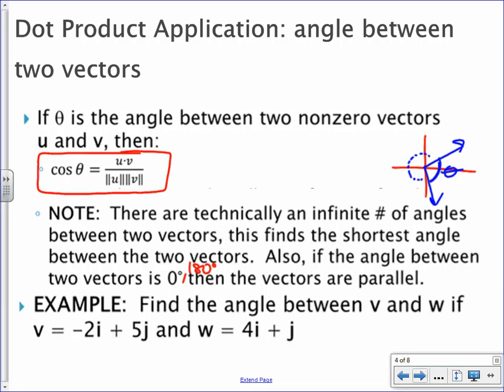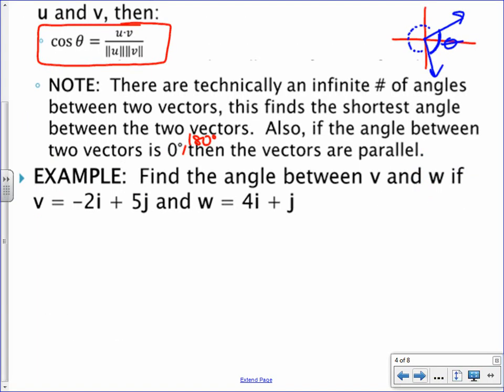So we're going to take those two vectors that we had in our first example, negative 2i plus 5j and 4i plus j, and we're going to find the angle in between those. Now, can someone remind me what the dot product was? Yes.